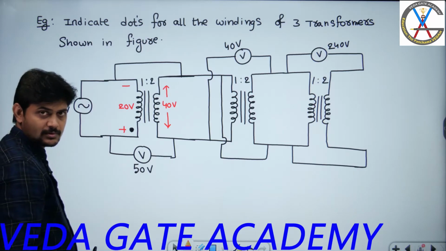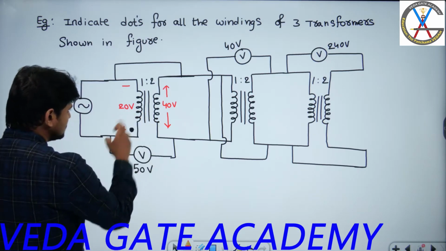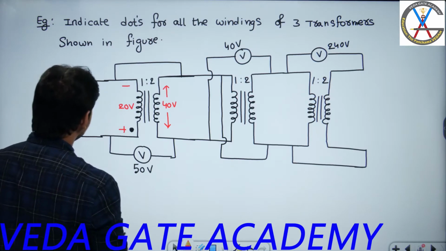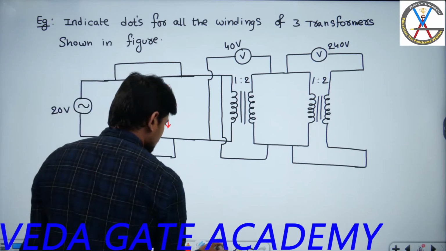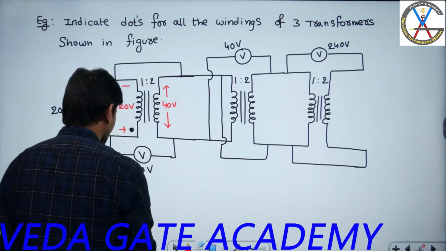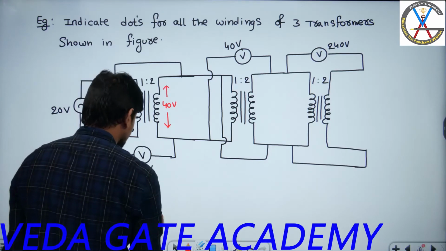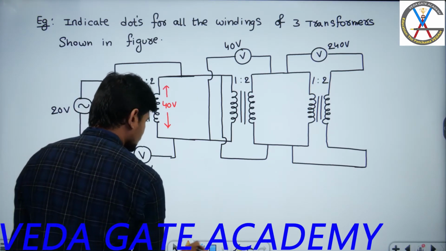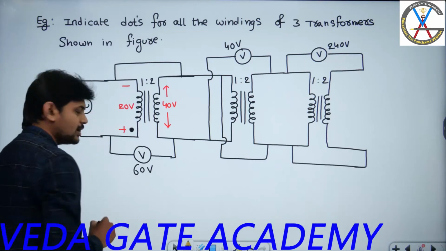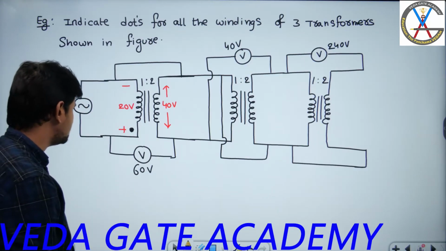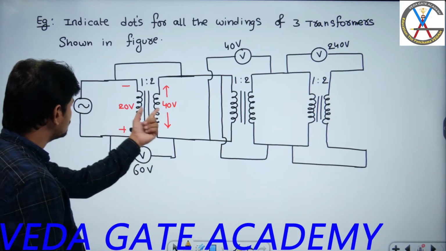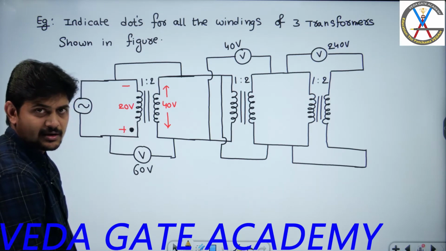It is 60 volts, sorry, they have indicated. In the diagram, make a note of this point, this is 60. So can I say these two voltages are added with each other or subtracted? Added.